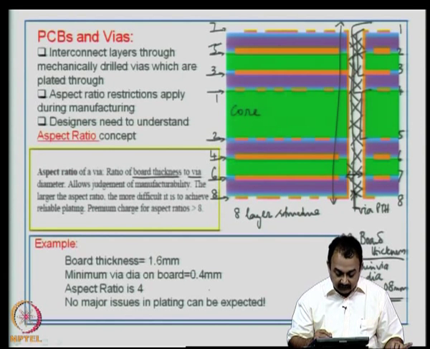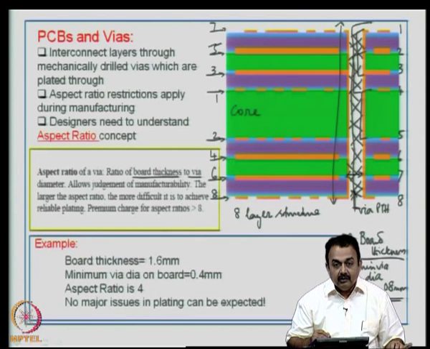The aspect ratio is the same. In the earlier example, it was 3.2 mm and 0.8 mm drilling. Here both have reduced, but look at the aspect ratio, it is 4. Therefore, no major issues in plating can be expected. 0.4 mm on a smaller thickness of the board can be achieved.